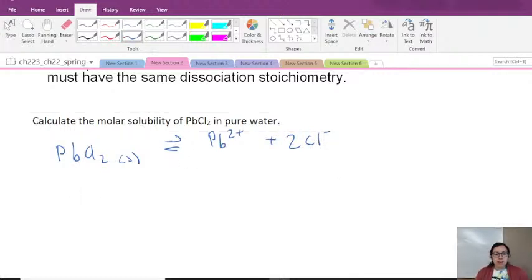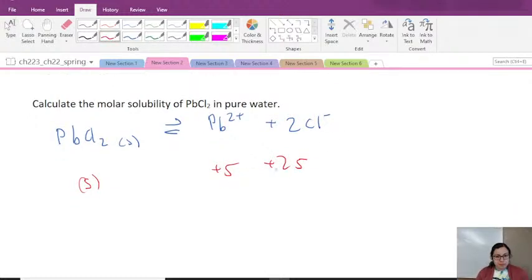And so if we want to calculate molar solubility, now I'm going to substitute in S. So now this is our initial S, and then plus S, plus 2S. So now just plugging in how much it would make. Again, we would make 1 equivalent for lead, 2 equivalents of whatever S is for chloride. And so now we can plug that into our KSP expression.